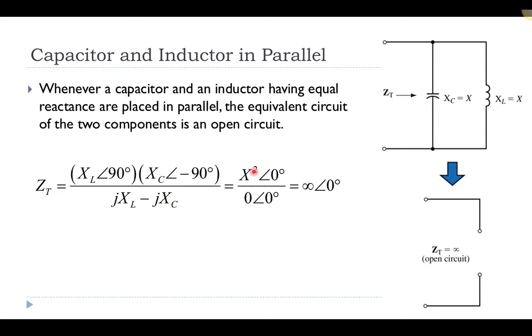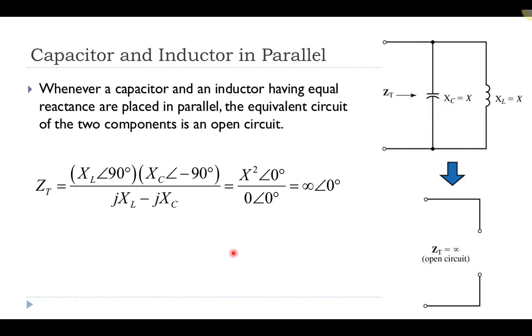If I divide anything by 0, essentially I have infinity, right? So what this is saying is that if you take a capacitor and an inductor and put them in parallel with one another in a circuit, and they have exactly those same impedance values, it behaves as if it has an infinite amount of resistance in the circuit.